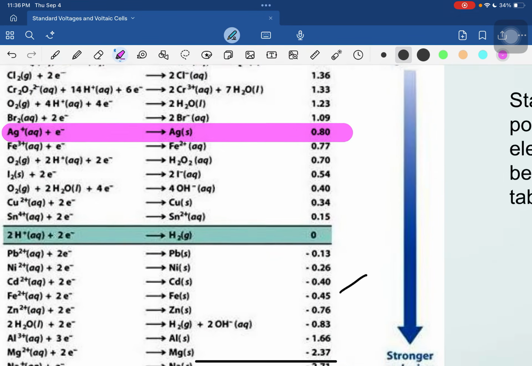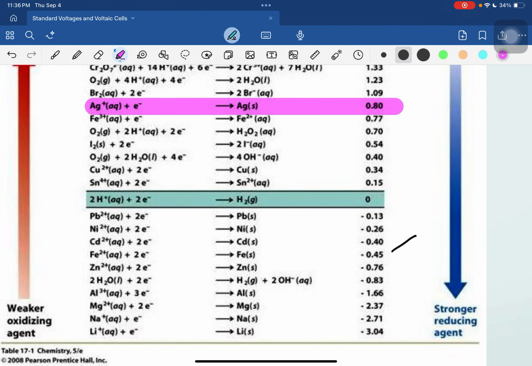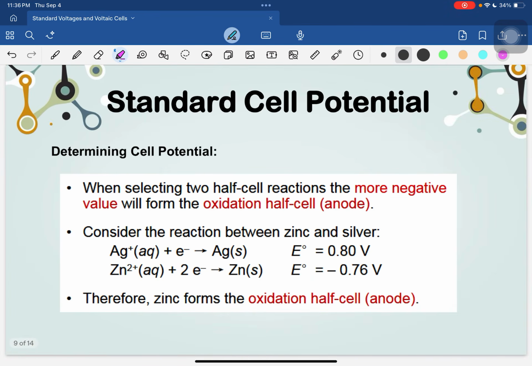Let's validate that if that's negative 0.76. Here we go. So those are valid values for that slide. So this is 0.8 and negative 0.76. Since this is more negative, then that will be your oxidation half cell, or that will be your anode part.